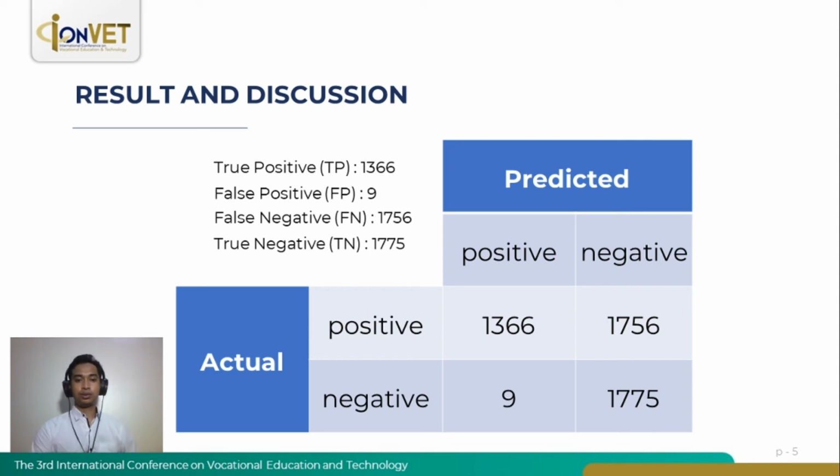We get 1366 true positive data, false positive at the 9th value, false negative is 1756, and true negative is 1775 data.